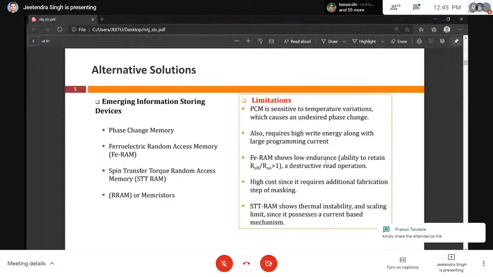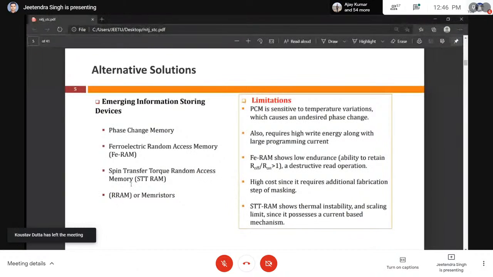If the R off by R on ratio will not sustain for many read and write cycles, then the memory has no use. So it is needed that it should retain the R off by R on ratio more than 1, so that it can be switched from the high resistance state to the low resistance state.